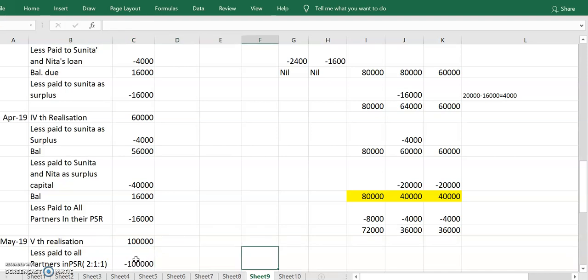So 1 lakh divided by 4 is 25,000, so 50,000 for Anita, 25,000 for Sunita, and 25,000 for Nita.